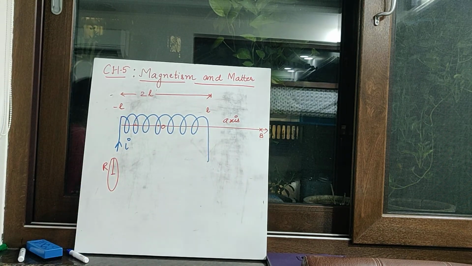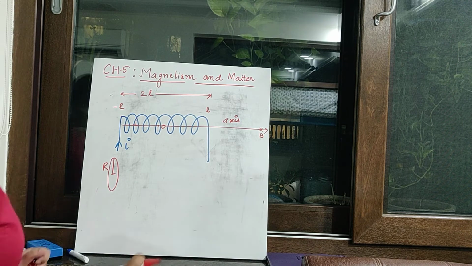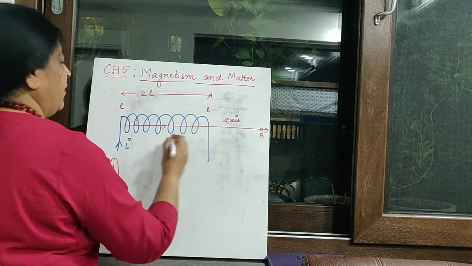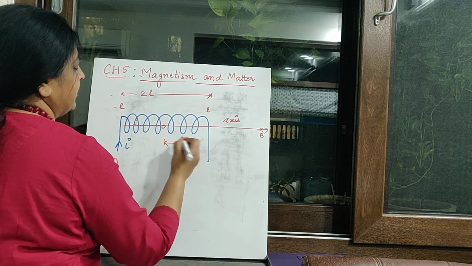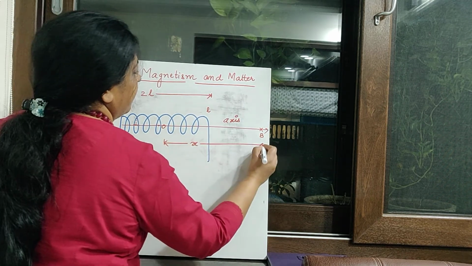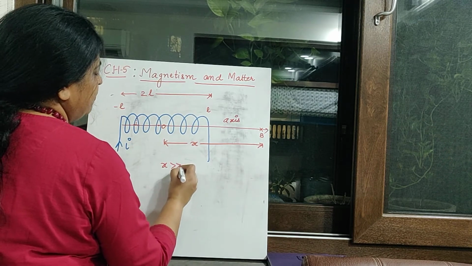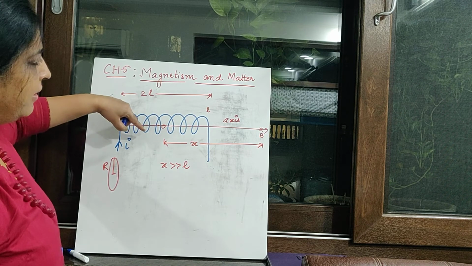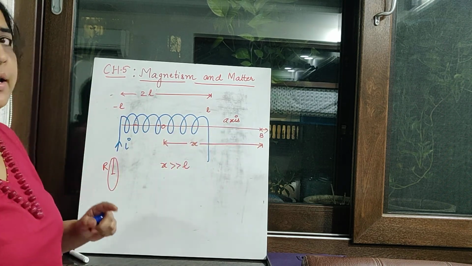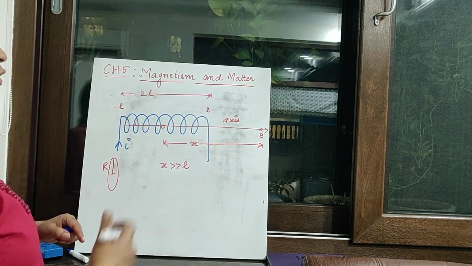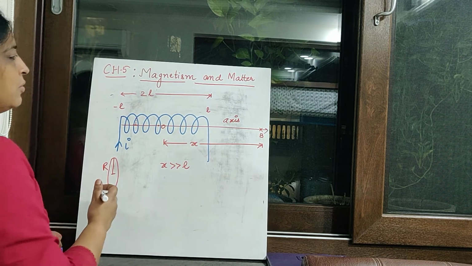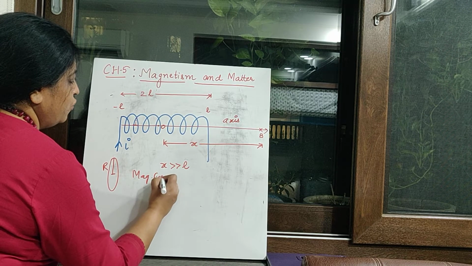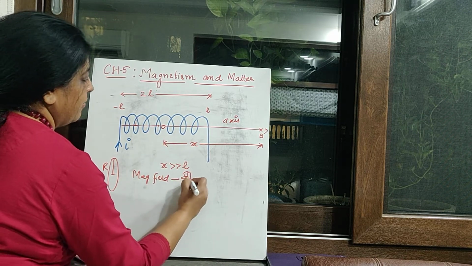So we are trying to find out the magnetic field at a point, and this point is very, very far off. Let us say this distance is x, and x is much, much greater than L. It means that the solenoid is very small and the point where you are trying to find out the magnetic field is very far off.